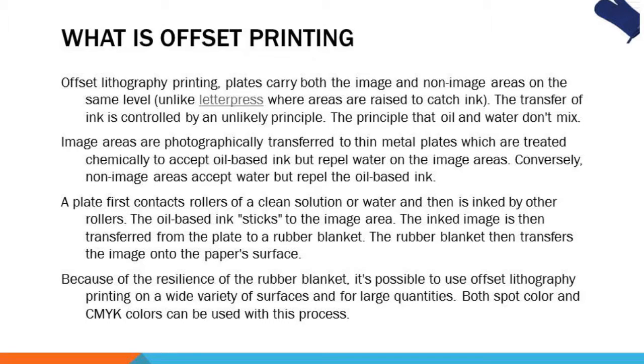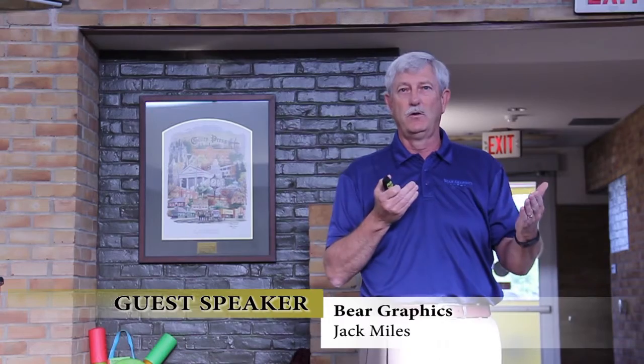Offset printing. Offset printing is pretty much what the majority of the technology is nowadays versus digital. What is offset printing is that they use a system of ink and water: oil and water don't mix, and ink is an oil.